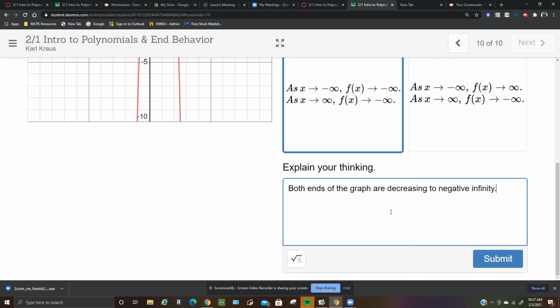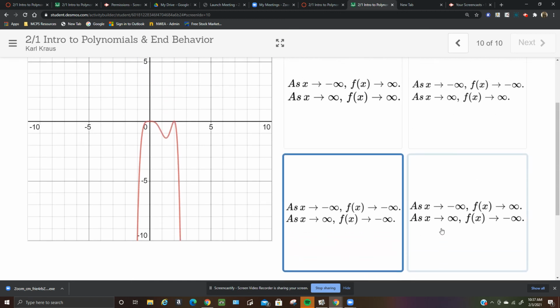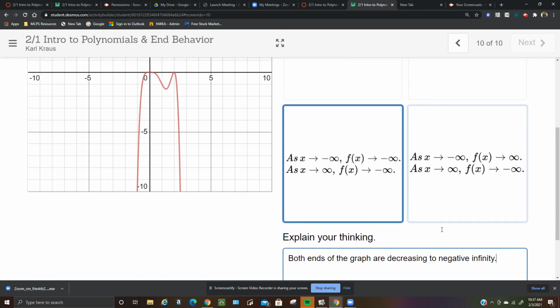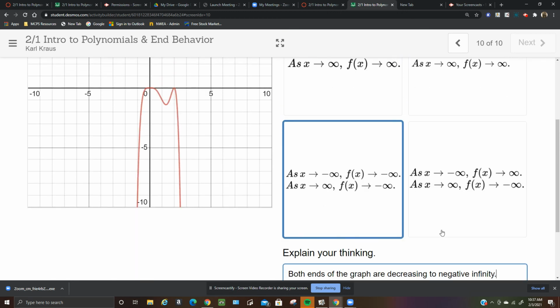So here, both ends of the graph are decreasing to negative infinity. So that's it for the intro to polynomials and end behavior.